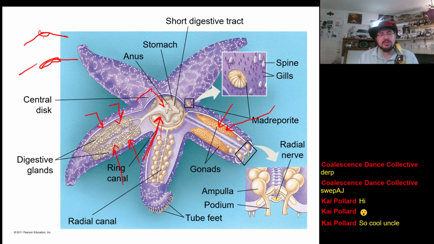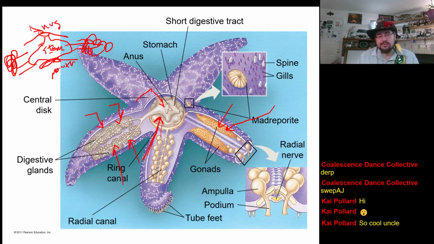What's neat, so you have your gastrovascular cavity. There we go. So a big old stomach, and then off of that, we have our digestive enzymes being secreted by our digestive glands. So we've got our stomach, our mouth, and our anus. Right. Okay.